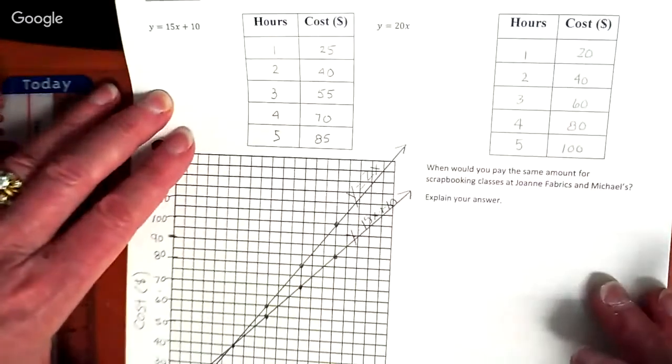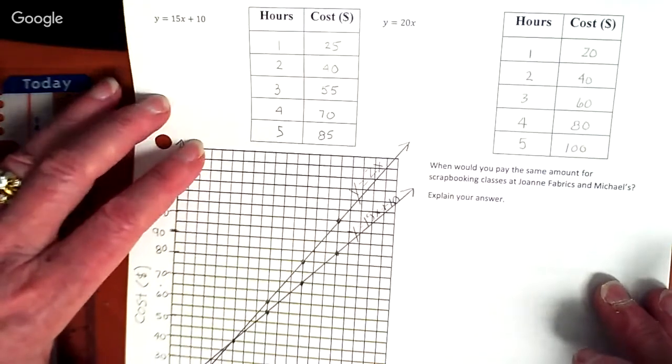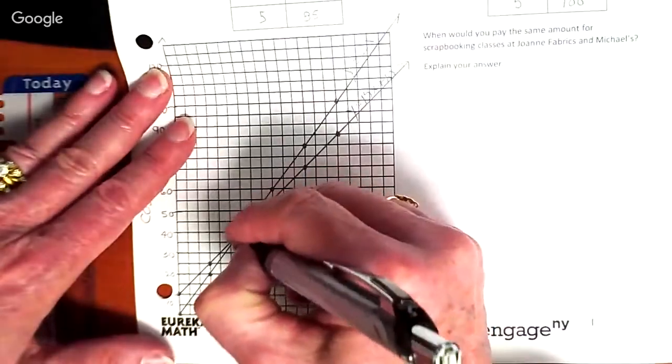Then the question says, when do you pay the same amount for scrapbooking classes at Joanne Fabrics and Michael's? Well, if you notice on this graph, it's this point right here where they cross.